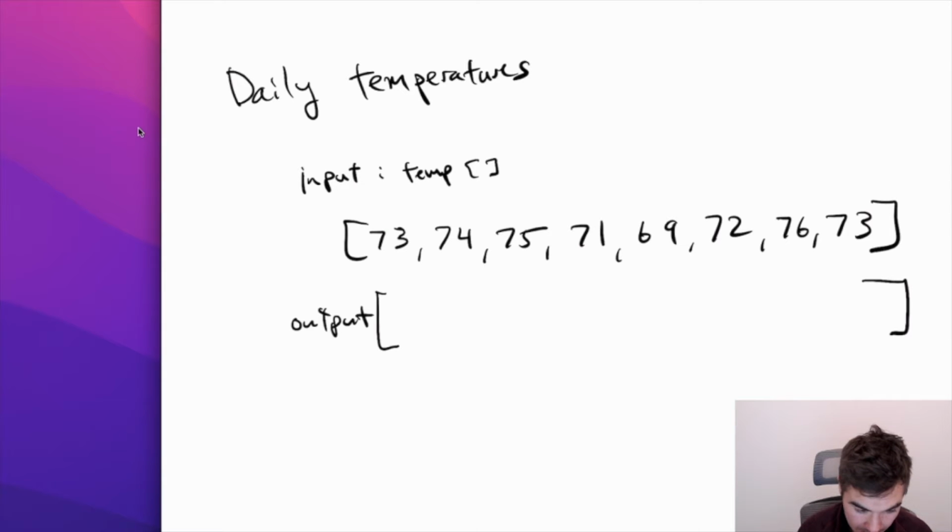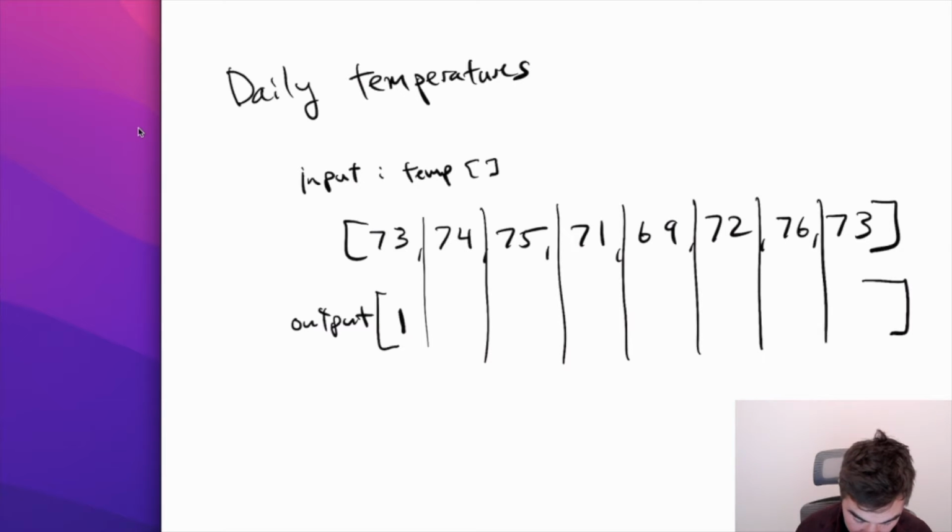how many days from the current day it's going to be warmer than the current day. So 73 today, so when's the next day it's going to be warmer? That would be the next day. So we're just going to say 1 for this one, and let me just put a line here so I get them all correct.